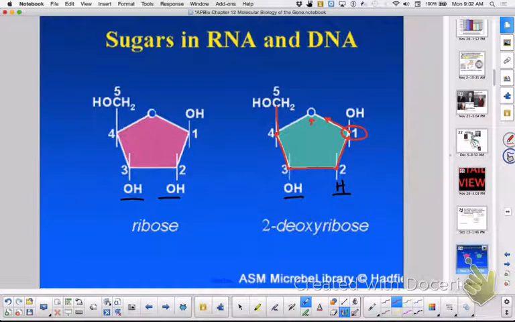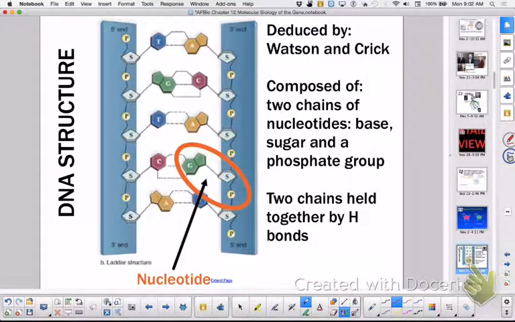So when we look here, we can see this is a single nucleotide that I've highlighted. And DNA is 2 strands of nucleotides held together by hydrogen bonds. But I want you to pay attention to the sugars on either side.